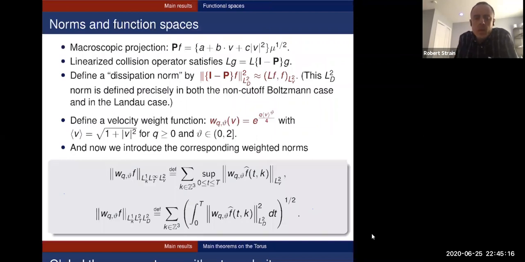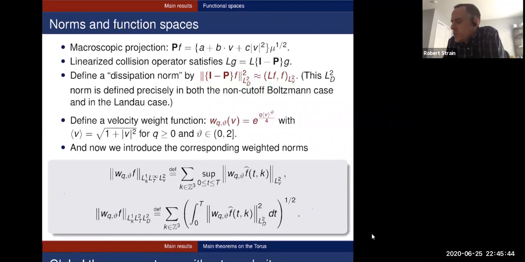Okay, so now we have a macroscopic projection into the null space of the linearized collision operator. So the linearized collision operator satisfies L of g equals L of (I minus P)g. And you define a dissipation norm. The (I minus P)f dissipation is equivalent to the Dirichlet form of the linearized collision operator, and the L_D norm is defined precisely.